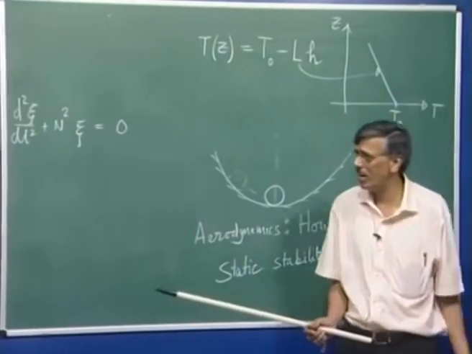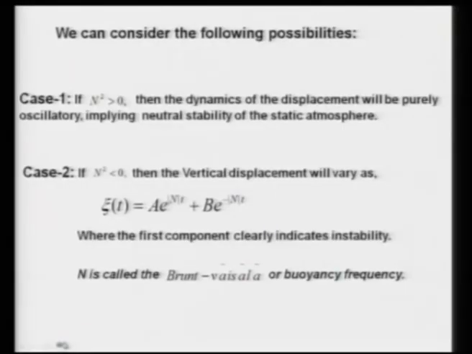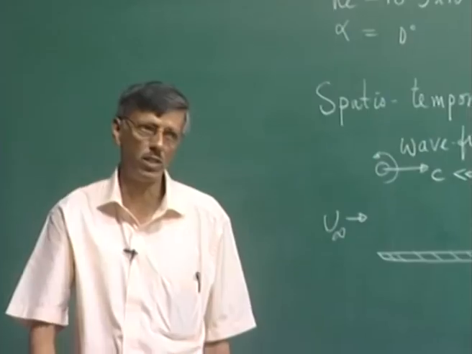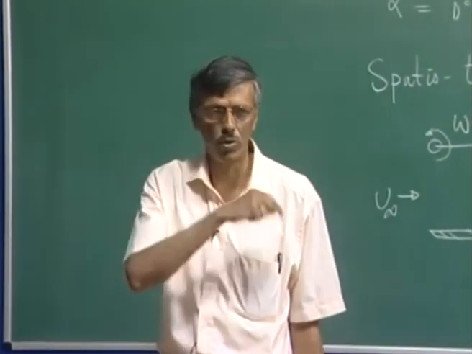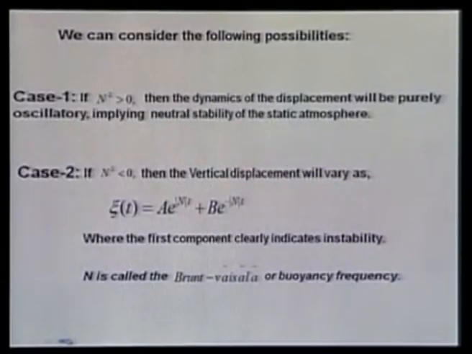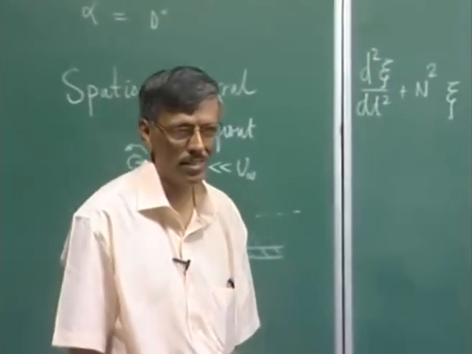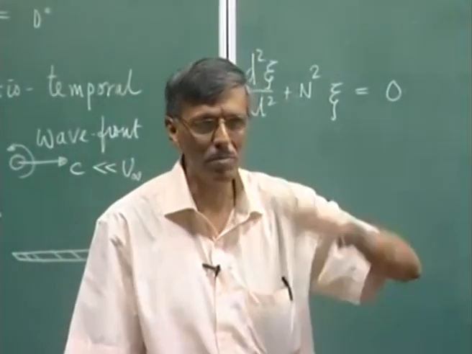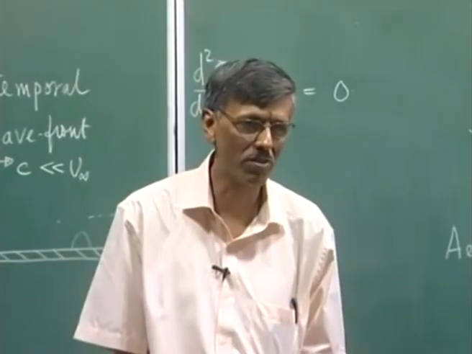So what happens is you can have the following possibilities. Suppose I am looking at different altitudes in the atmosphere, I can locally measure N. Suppose it so happens that N squared is positive, that is a very comfortable scenario. Then we will have a pure simple harmonic motion if N squared is positive.